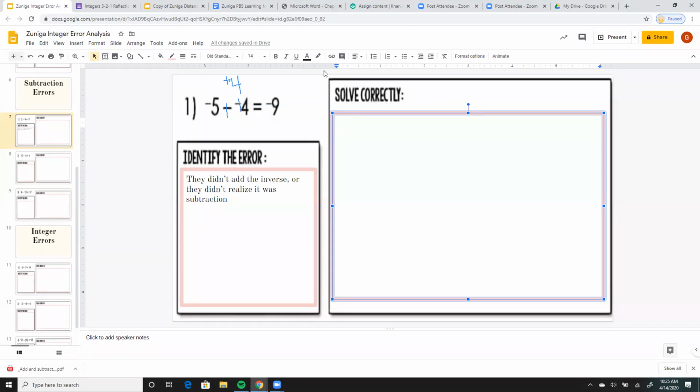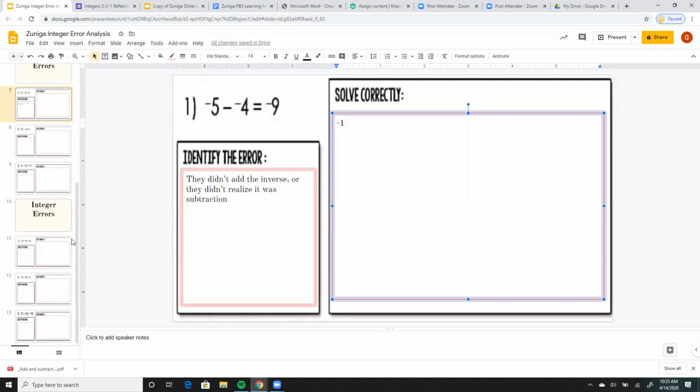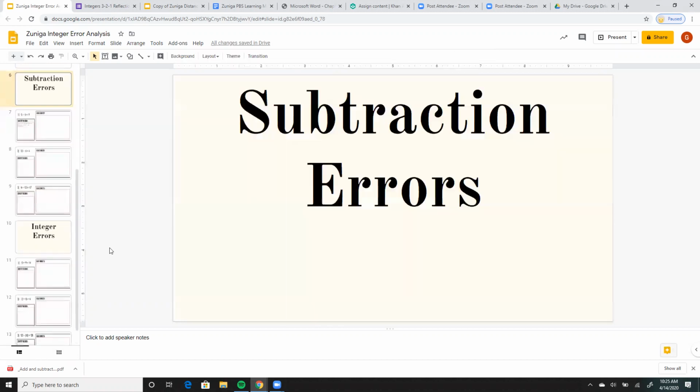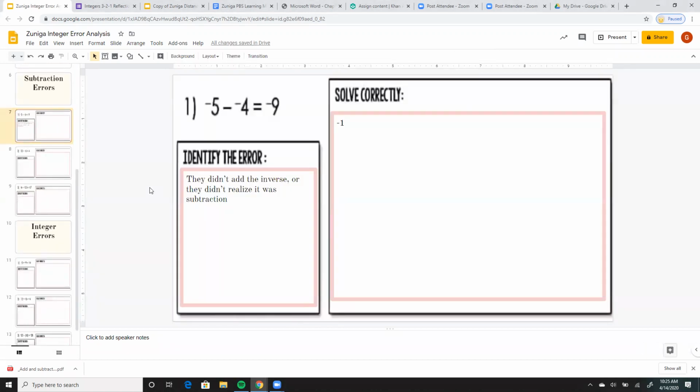If I have 5 negatives and then 4 positives, these 4 cancel with these 4, and I'm left with that negative 1. So my correct answer would be negative 1. And that's all you're doing here. You only have 6 problems left, but I'm going to leave those examples for you.